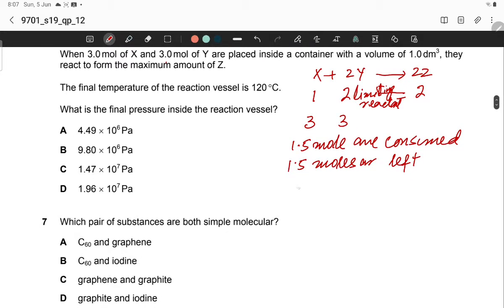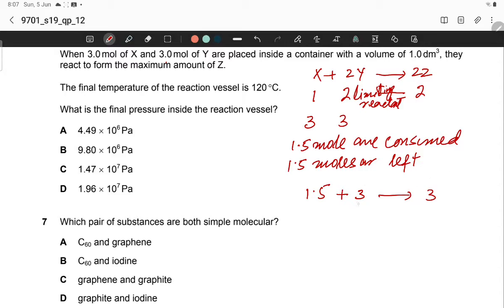See, if 1.5 moles of X is left and Y is the limiting reactant, then 1.5 moles of X react with 3 moles of Y to form 3 moles of Z, because the limiting reactant determines the mass or mole of the products.